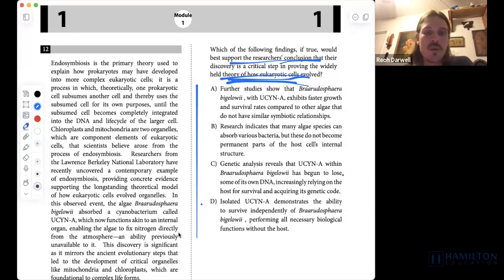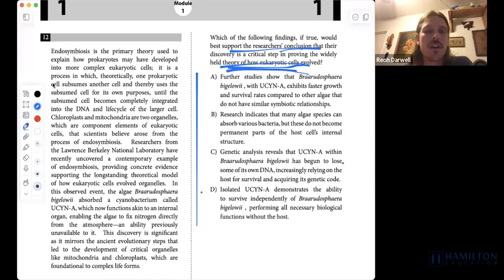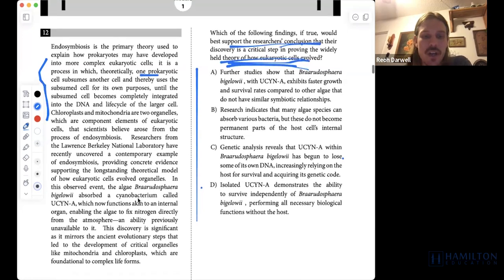So where do we learn this in eukaryotic cells? Right here, we have it. Endosymbiosis is explained in which one prokaryotic cell is subsumed by another prokaryotic cell and becomes used for the eating cell's purposes, right? So that's the theory. How does what they found prove the theory?